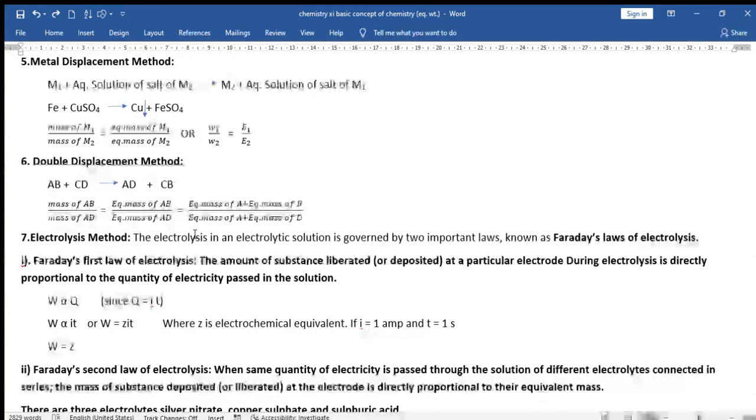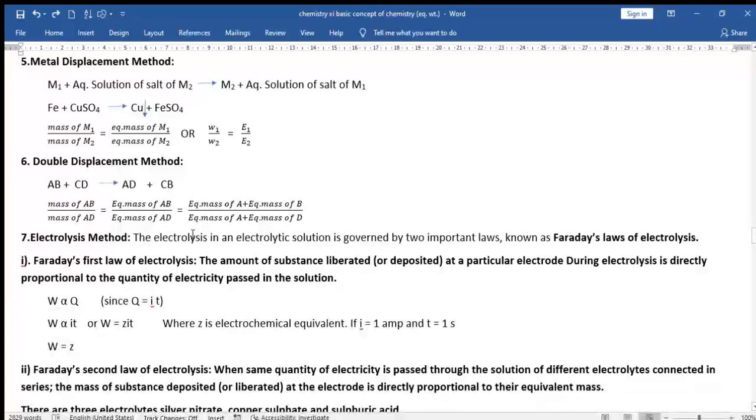Or in short, we can write W1 by W2 is equal to E1 by E2. So if we know the equivalent mass of any one metal and the masses of both metals, then we can calculate the equivalent mass of the other metal.